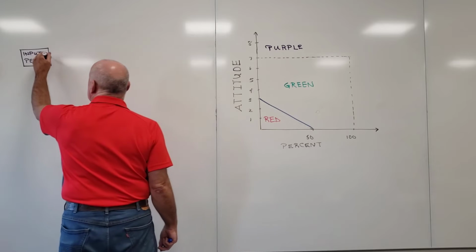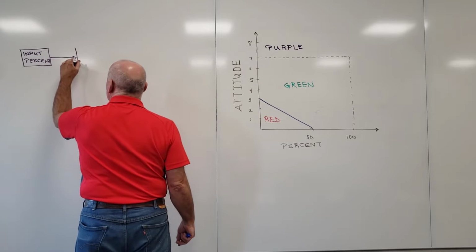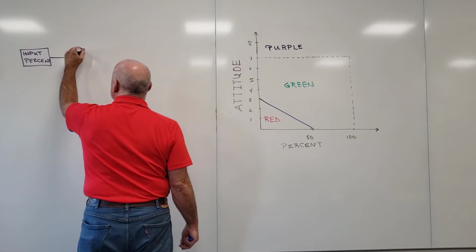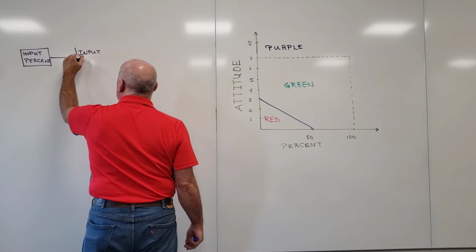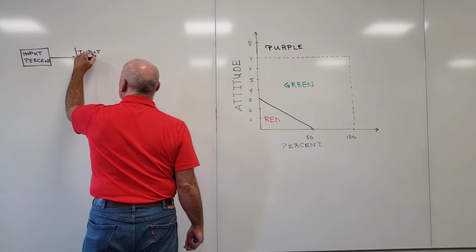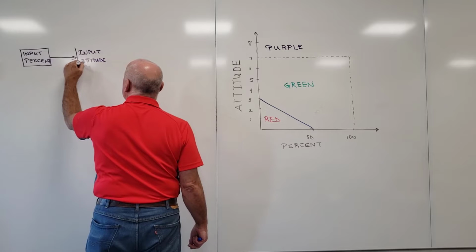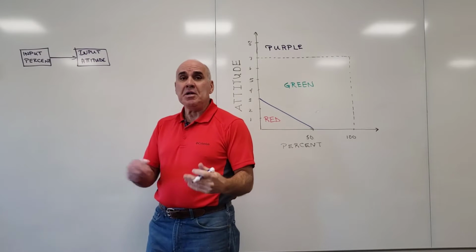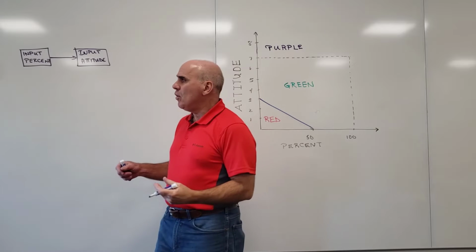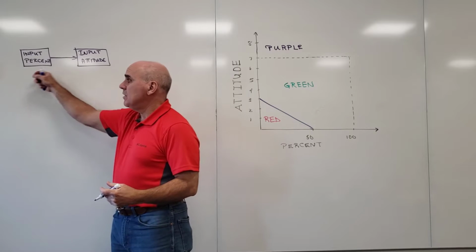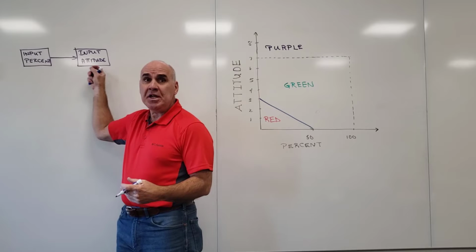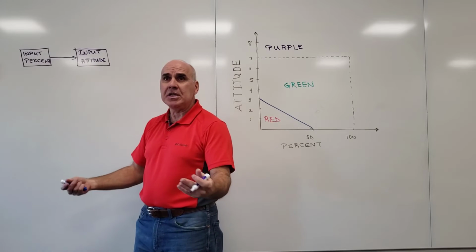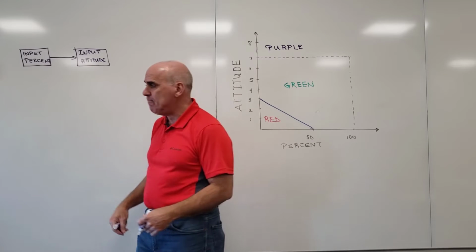So I've got to bring in the attitude. Okay, so there's my input information. If I run this as a function, these are the two variables that I'll bring into the function. We'll look at that when we sit down and actually do Matlab.